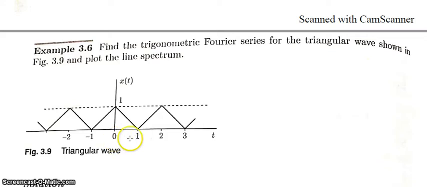So the two end points of the straight line are 0, 0 and 1, 0. Now you have to substitute in the equation of a straight line, and be careful how you take the variables. Here the x-axis is t, therefore x you take as t, and the y-axis is x of t, so you take it as x.